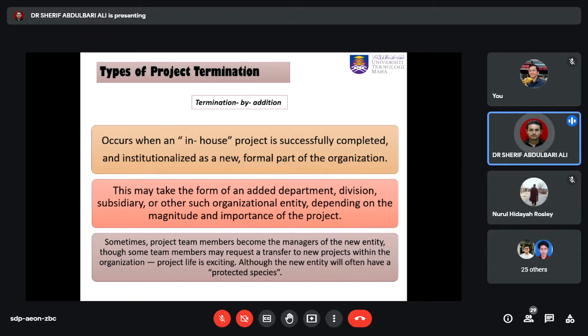That means instead of saying that this project is a failure, I make it a different department or different division, but it's still in the same organization entity, depending on the magnitude of the importance of the project. So sometimes the project team members become managers of a new entity. This means the people from these projects we are going to terminate will be used as managers in the new entity or in the new project.